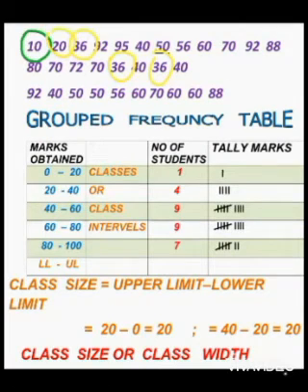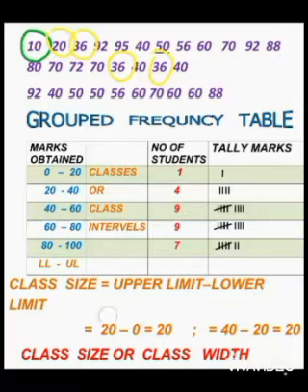So children, let us see the same example I have taken here. Consider the marks obtained out of 100 marks by 30 students of class 9th of a school. It is the same example I considered before for an ungrouped frequency distribution table. Suppose a large amount of data is given.